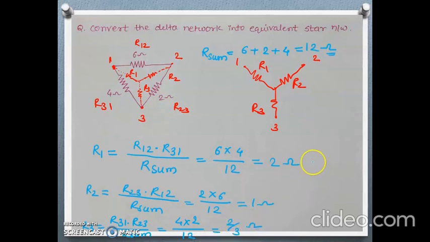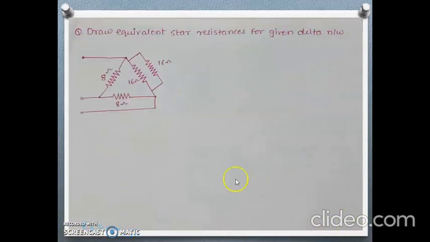So these are the required values of R1, R2 and R3, that is, the resistances which are connected in the equivalent star that we want. Okay. So let's take another example. Here the question is, draw the equivalent star resistances for the given network shown below.